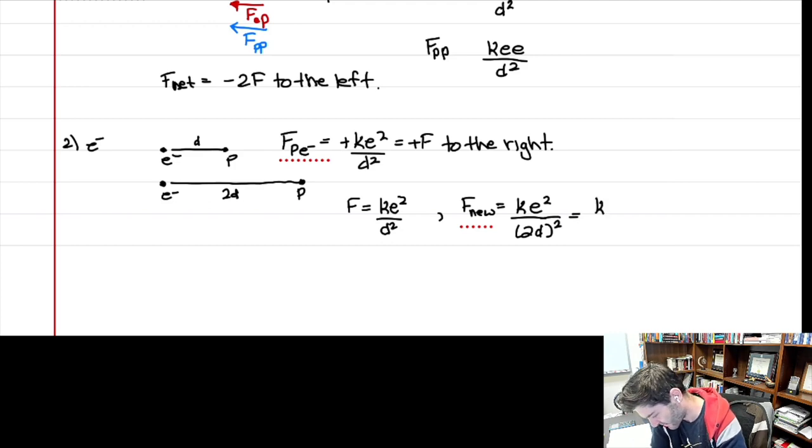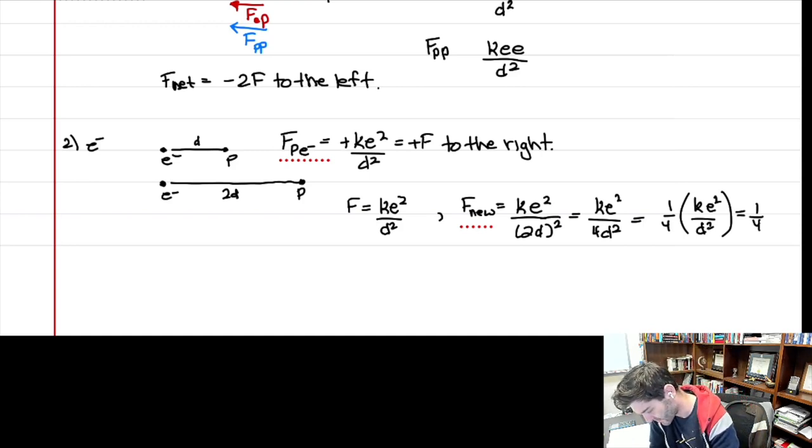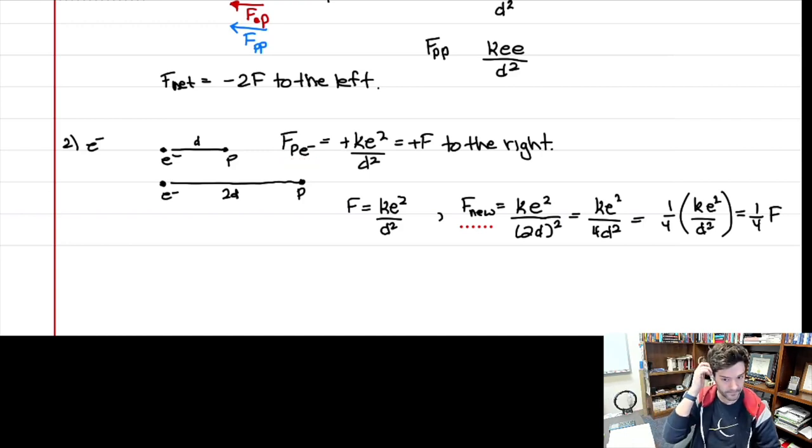Then I can simplify. Looks like k e squared, then the bottom becomes 4d squared. This looks like it's one-fourth times k e squared over d squared. And if I look at that thing in parentheses, that looks like what we called F. So in this case, the magnitude of the force is just 1/4 F.